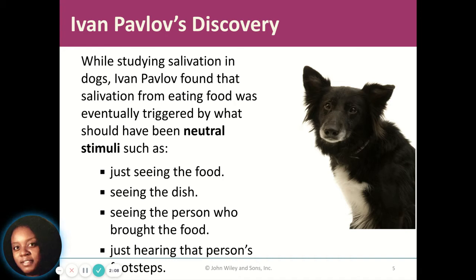It's neutral because it has no meaning to anybody, okay? So with the dogs, he thought, okay, if a dog sees a dish, if a dog sees a person bringing food, if the dog hears footsteps, these are all things that I can train a dog to respond to if I want to.